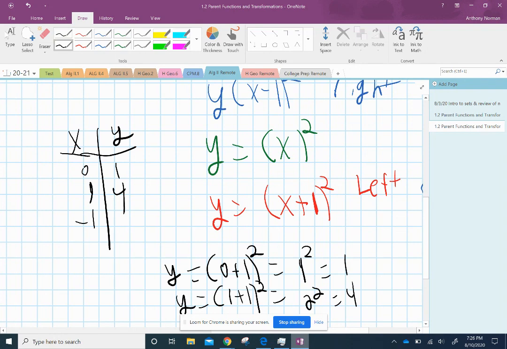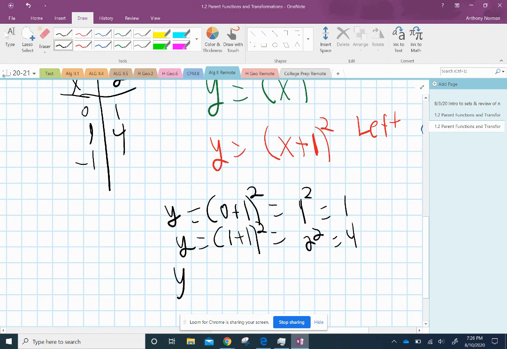X equals negative 1. So, when we put negative 1 into y equals x plus 1 squared, that gives us negative 1 plus 1 squared, which is 0. 0 squared equals 0. So y equals 0.